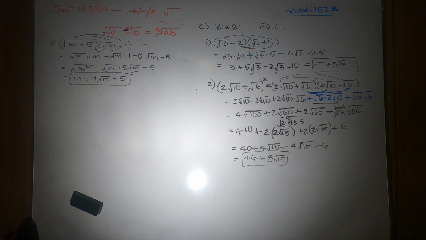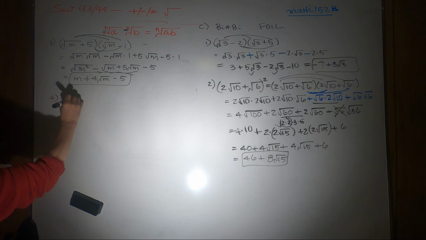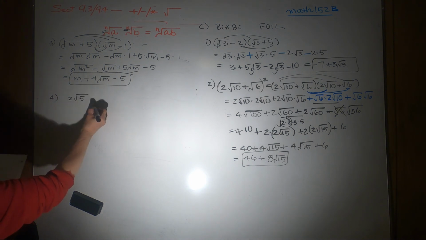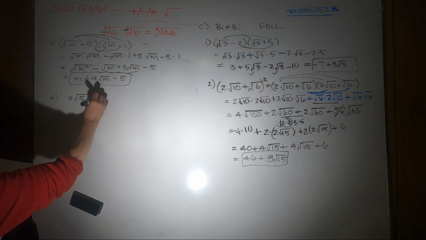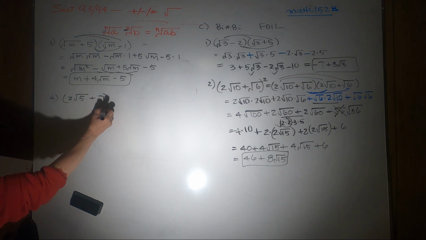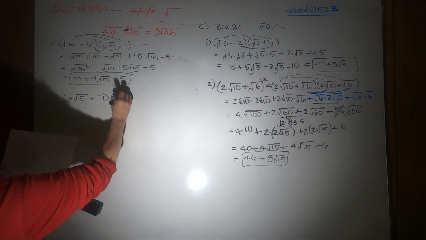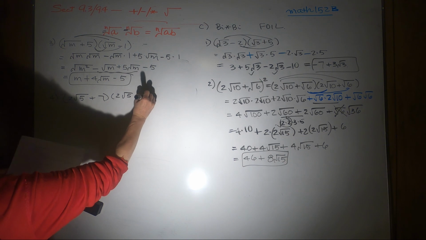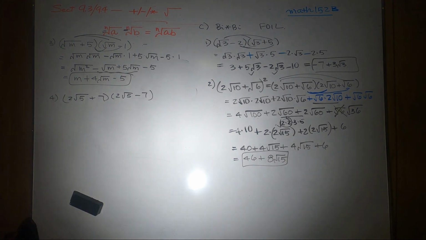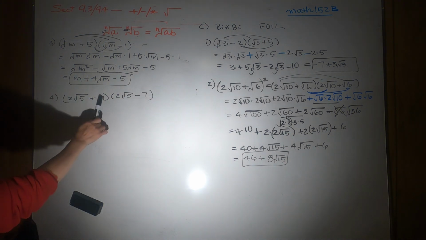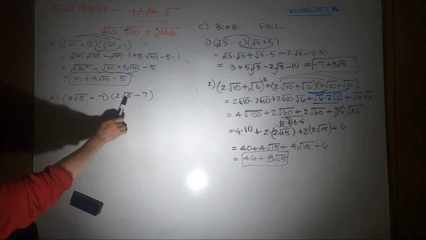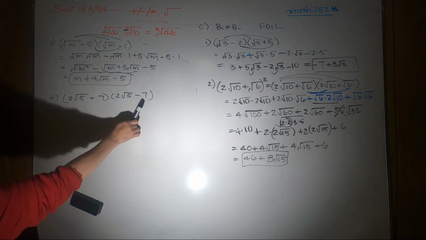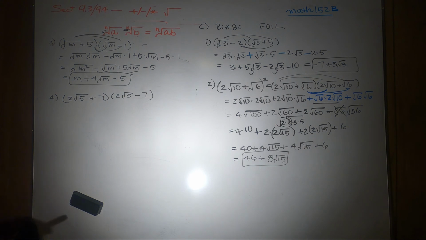Somehow, the next one is a little bit different. We have radicals here, binomial times binomial. What's the difference in this case? Those two numbers are the same, 2 square root of 5 and 7, and 2 square root of 5 and negative 7. One is plus, one is minus.